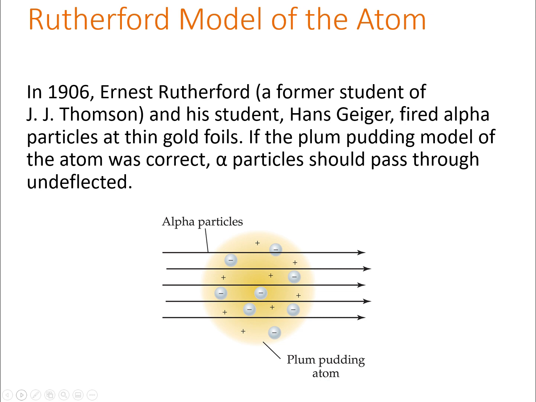That theory was the plum pudding model, right? That describes what J.J. Thomson thinks an atom looks like. And he said that there's a sea of positive charge that we can call the pudding, and inside of that were the electrons.